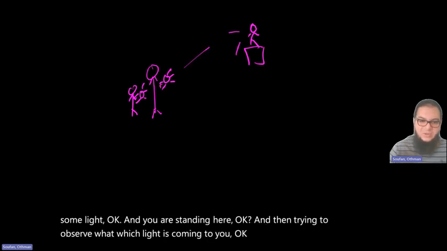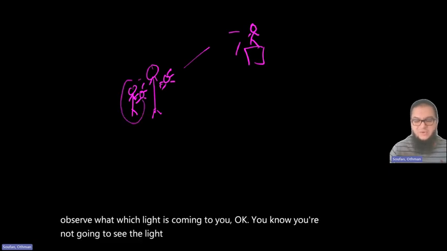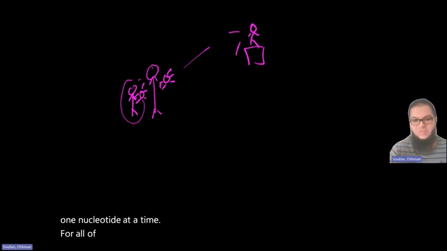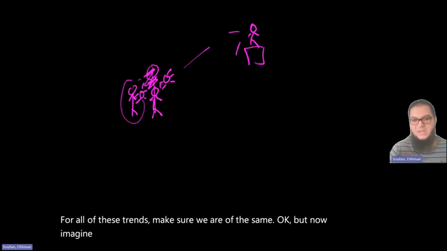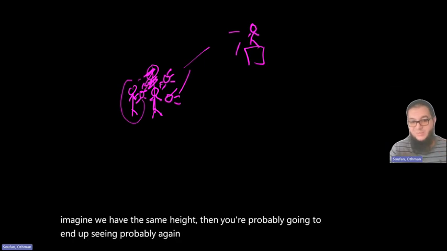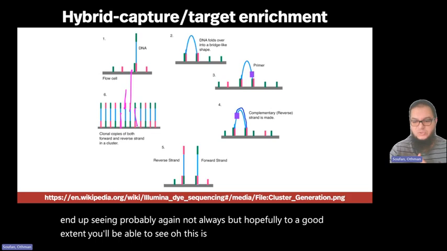You're not going to see the light of my kid, right? So if we add one nucleotide at a time for all of these strands, making sure they are of the same height, then you're probably going to end up seeing, not always, but hopefully to a good extent, oh, this is green, this is red, and so on and so forth.